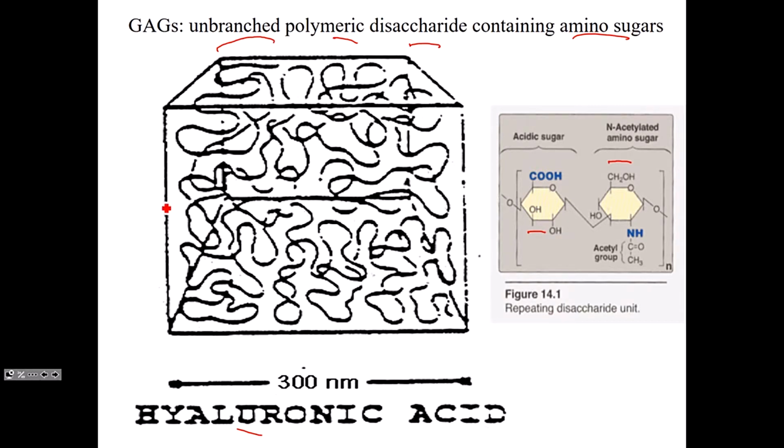One of them is an amino containing sugar right here. So that's our disaccharide containing amino sugars. And if you form a long linear chain of this subunit, so this is one of the subunits, n, you make a polymeric chain of these disaccharide repeating units. Polymeric meaning multiples of, hundreds, thousands of units linked together in a long linear chain. So that's what glycosaminoglycans are.